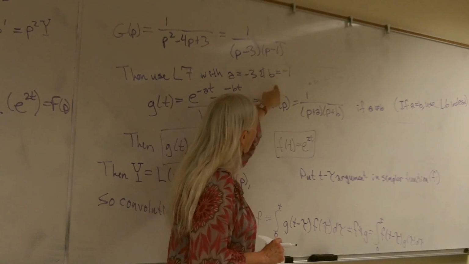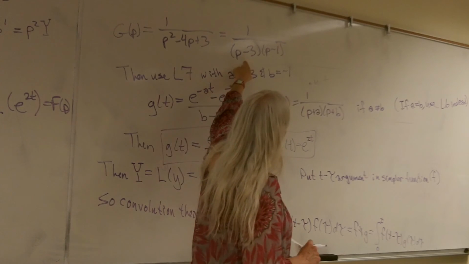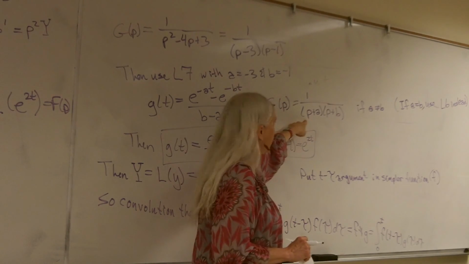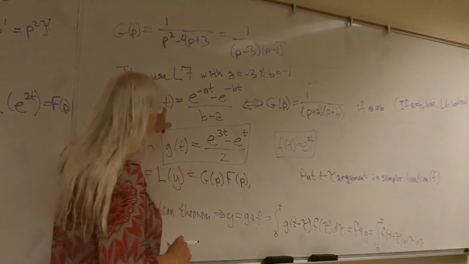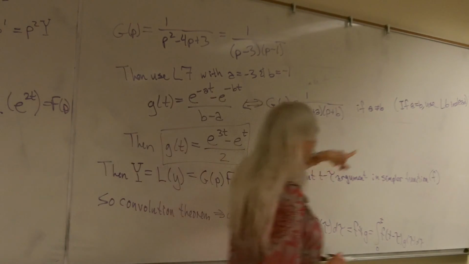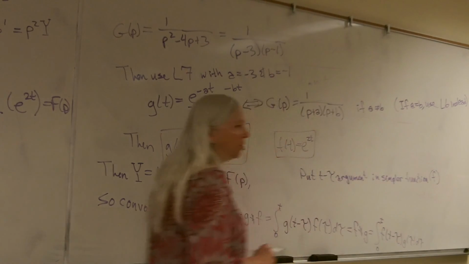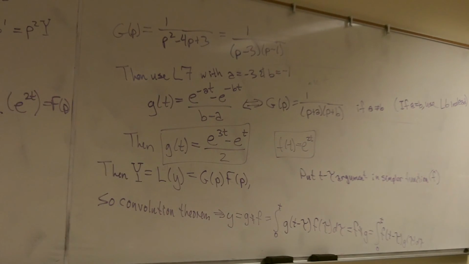In our case, A and B were not equal to each other. That meant that this was of the form listed in L7. So L7 was what we used to get our little g of t. Like I said, if A and B turned out to be equal, L6 would have been the table entry we would have used instead of L7.